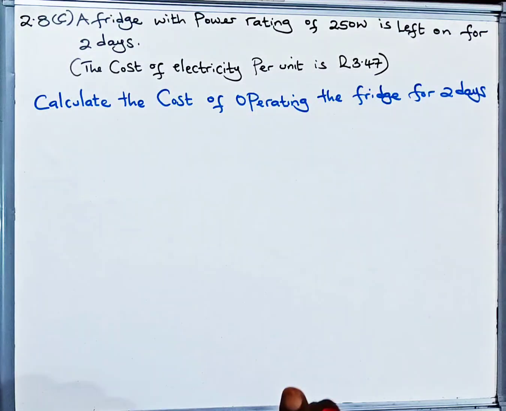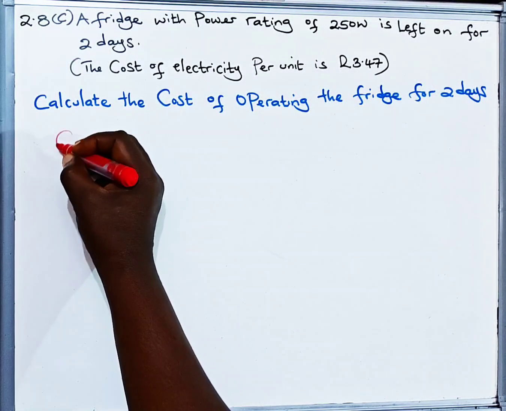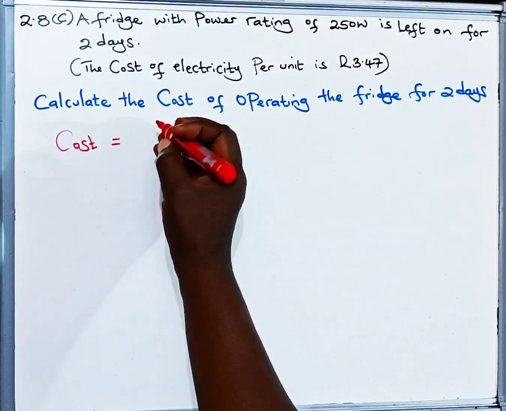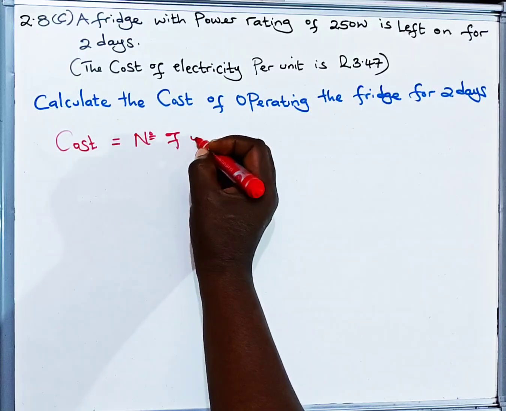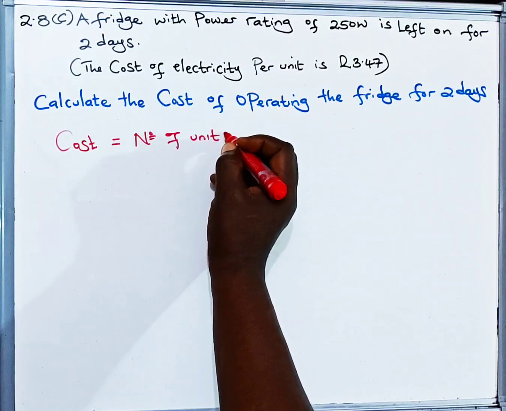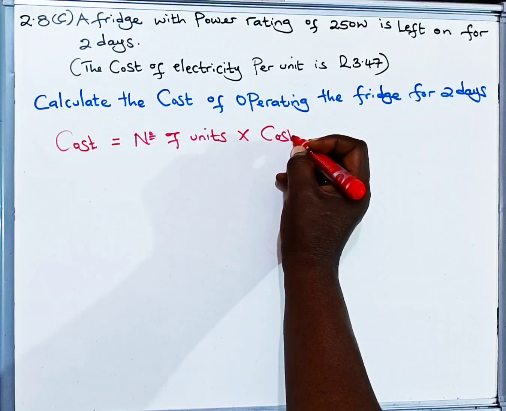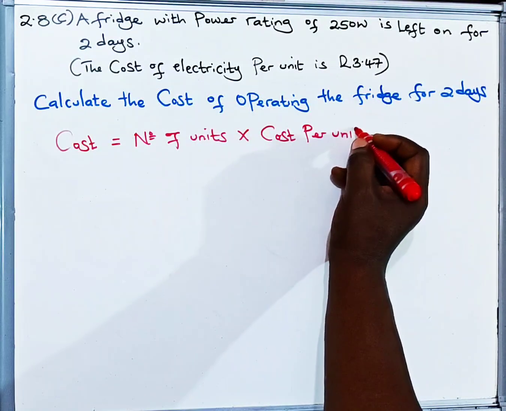Okay. Yes, how do we go about that? Okay, this is what you have to know, that cost is equal to number of units times cost per unit.